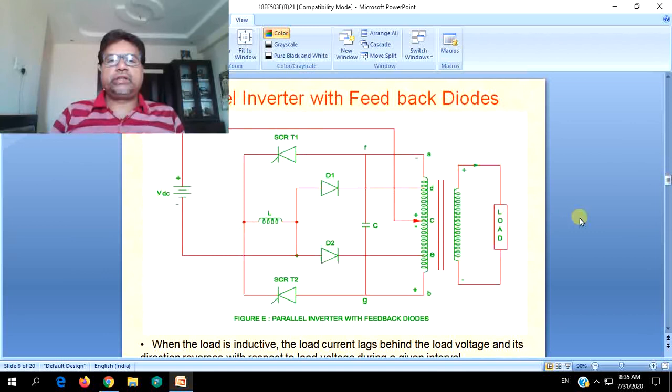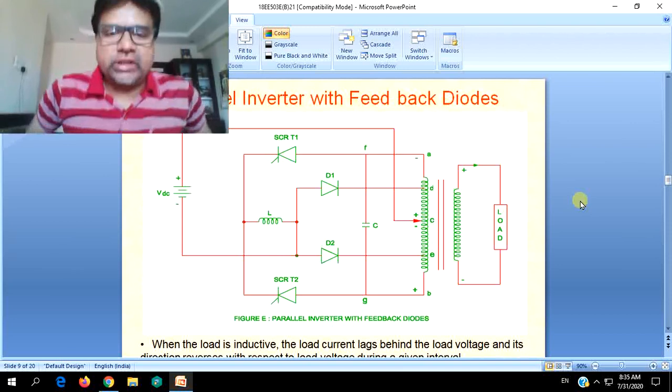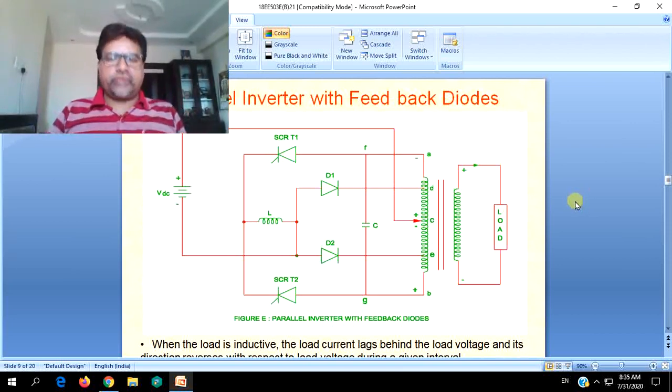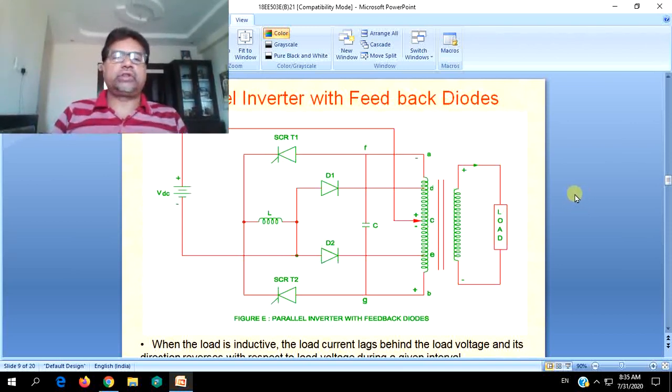Now we shall go through the same when the load is more inductive and the need for feedback diodes comes into the picture. Just realize these feedback diodes as the same diodes which we have discussed in previous sessions, where even for rectifiers or controllers, whatever converter circuits, the stored energy inside the load is fed back to the source or circulates within the load via freewheeling diodes.